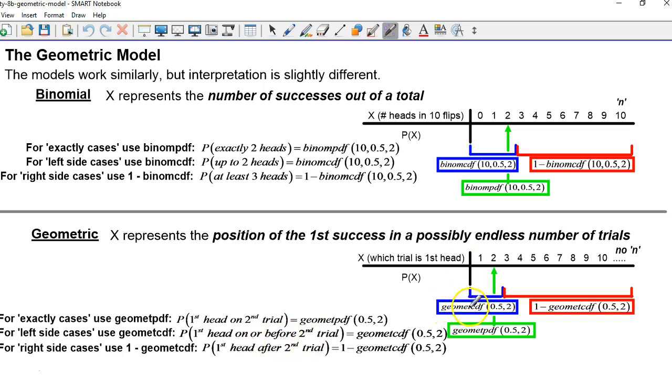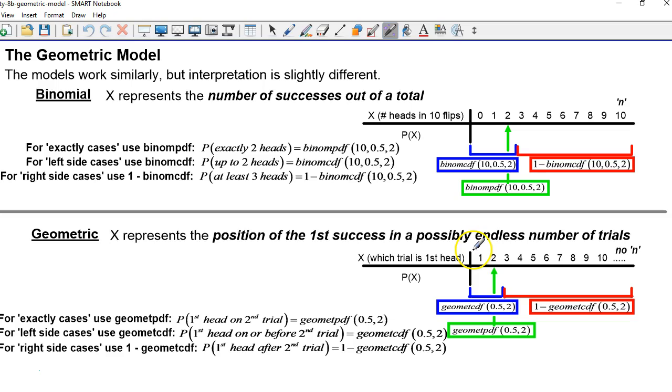So geometric CDF of 0.5 and 2 would be, let's flip a fair coin an endless number of times, and we want the probability that the first head we get is on or before the second trial. That would be a left-hand case. If we wanted to find the probability that the first head is after the second trial, the second coin toss, then it would be 1 minus the geometric CDF of 0.5 and 2.